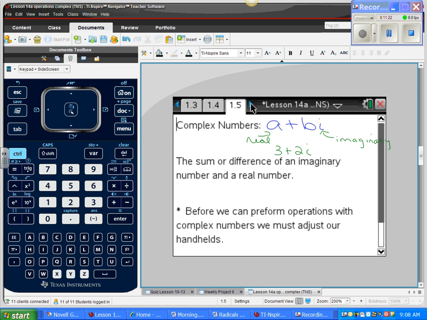And it's the sum or the difference of an imaginary number and a real number. b is your imaginary part. The whole thing is imaginary if it has an i attached to it. We okay?